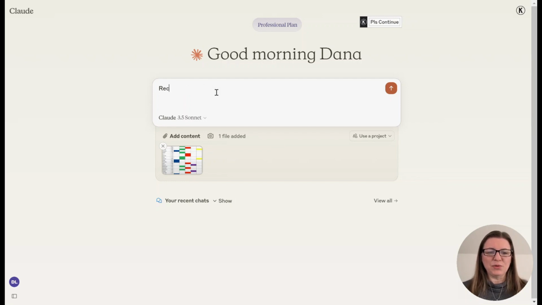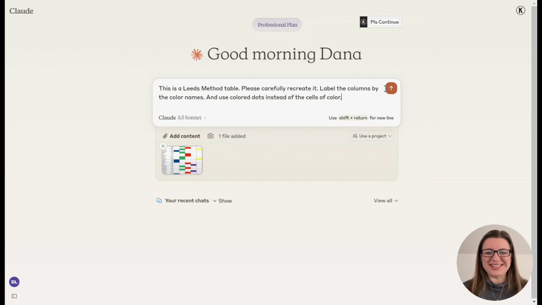I'm going to say recreate. This is a Leeds Method table. Please carefully recreate it. Label the columns by the color names and use colored dots instead of the cells of color.